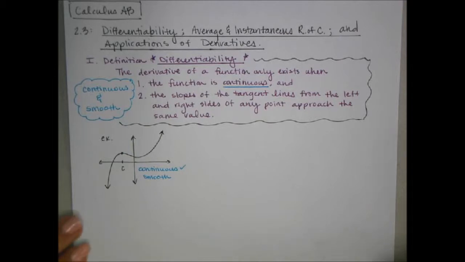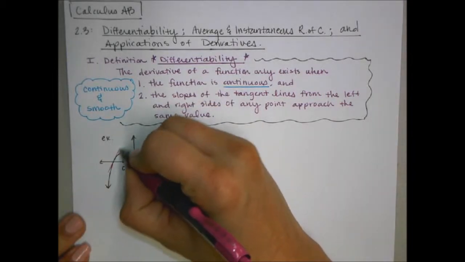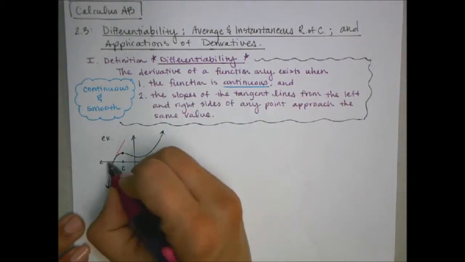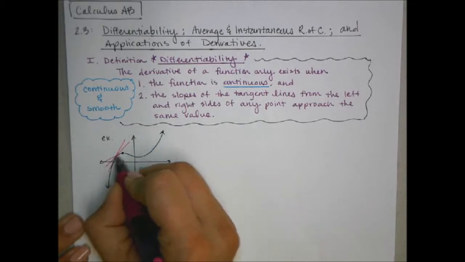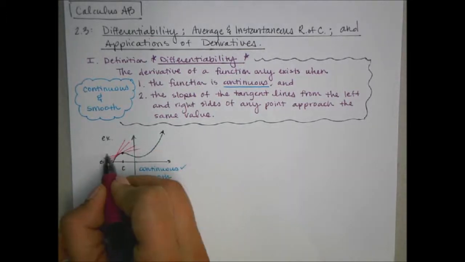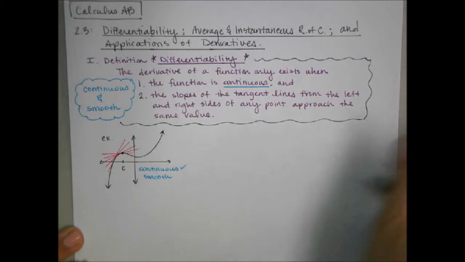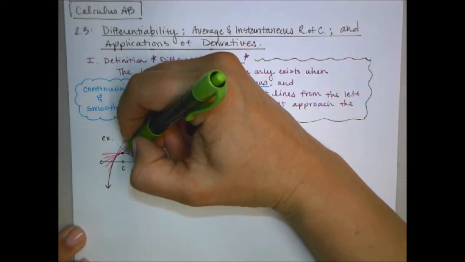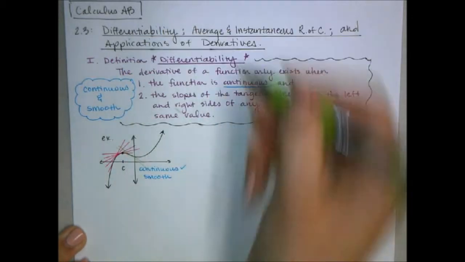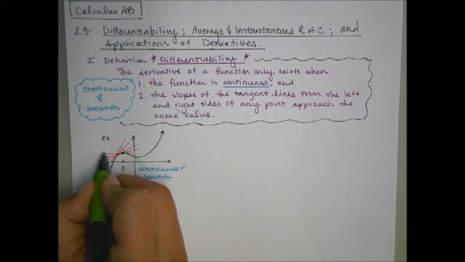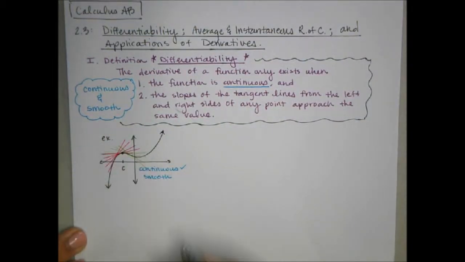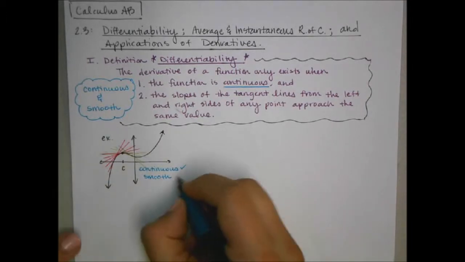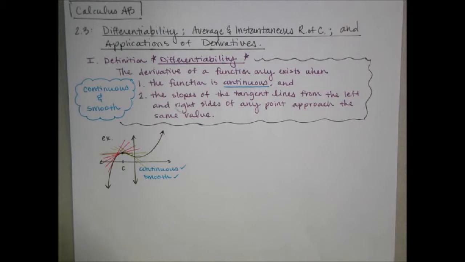So if we take the slopes here, we have positive slopes that are getting less and less in value, and we're approaching the slope of 0. If we come in from the other side, they are negative slopes, but they're becoming less and less negative and approaching the slope of 0. They're approaching the same slope. So it's also smooth.